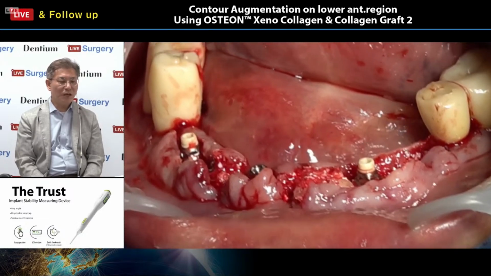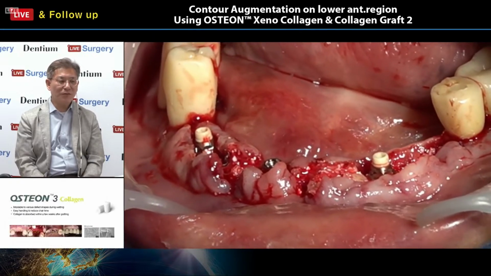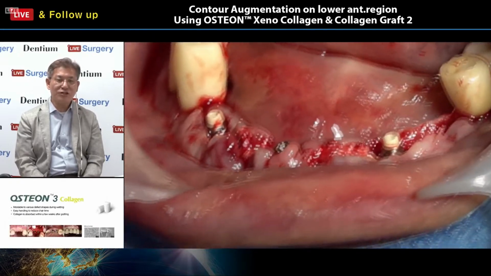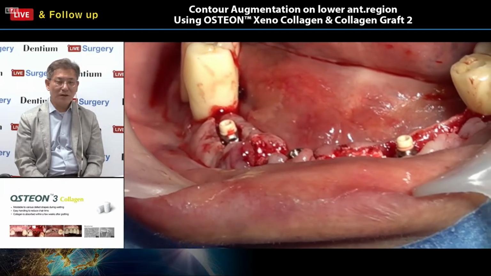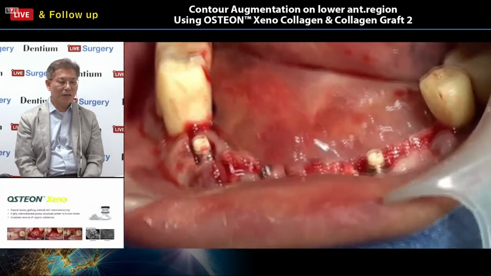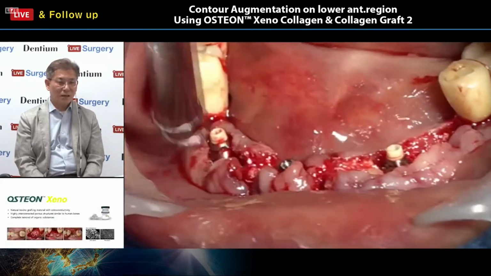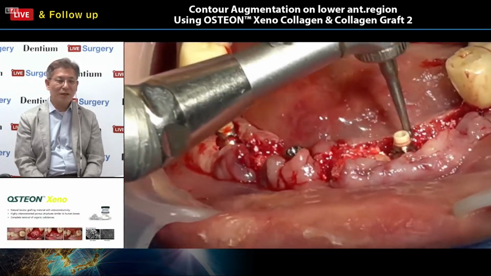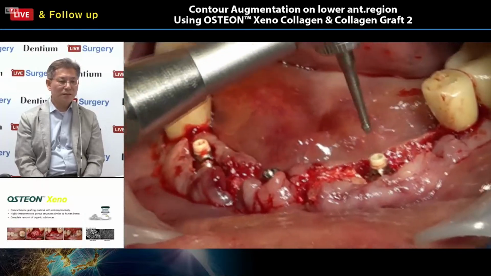Over 50 means immediate implantation and immediate temporization will be available. About 35 Newton means immediate implantation with the healing abutment, right?